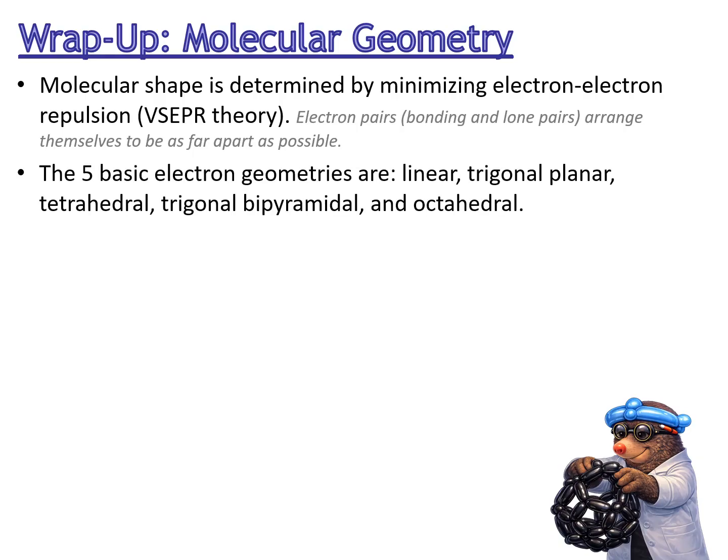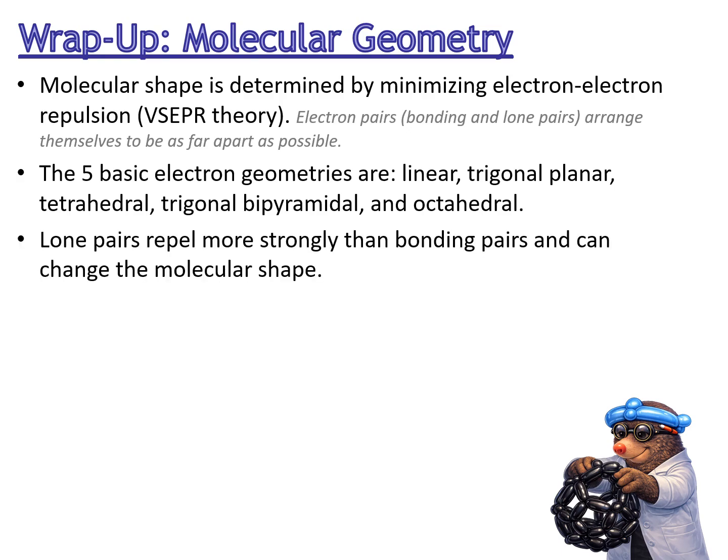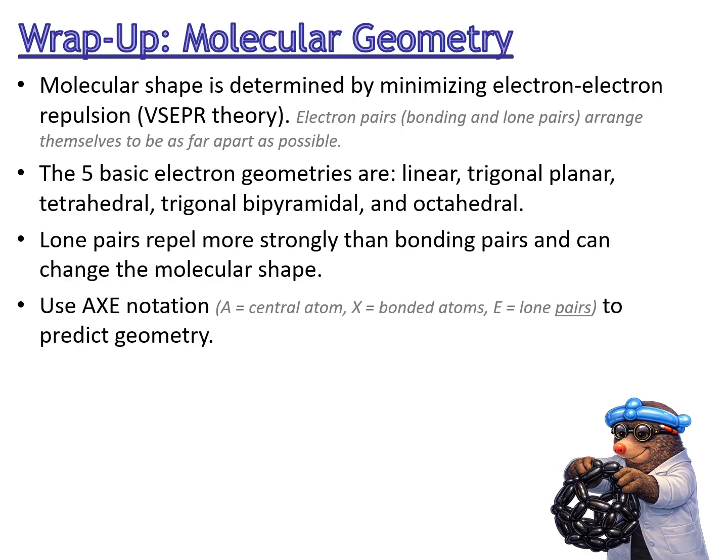So we have the 5 basic electron and molecular geometries: linear, trigonal planar, tetrahedral, trigonal bipyramidal, and octahedral. And then all the other ones are derivatives of those basic 5. Like I said, lone pairs repel more strongly. There's a 2-degree decrease for each lone pair you have on that central atom. We want to use AXₙEₘ notation, or VSEPR notation, in order to predict geometry.